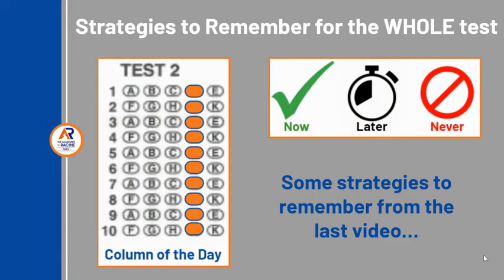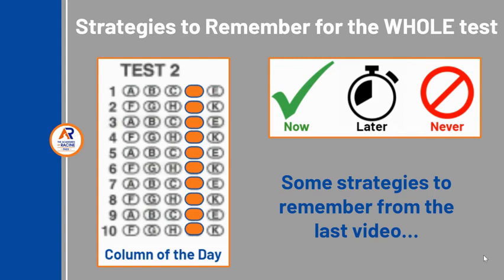All right, and then there are some strategies that I want you to remember from the last video. These are strategies that you can use on the entire ACT test. The first is now, later, never. As you're working through the test, something that you can answer quickly is a now question. If you read the question and you don't even know what they're asking, that's a never question.